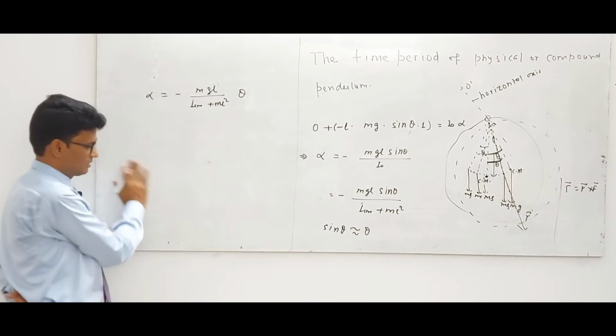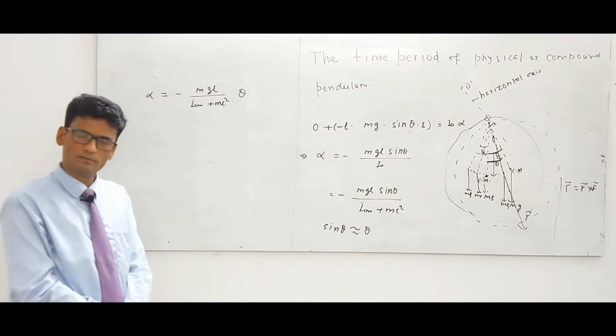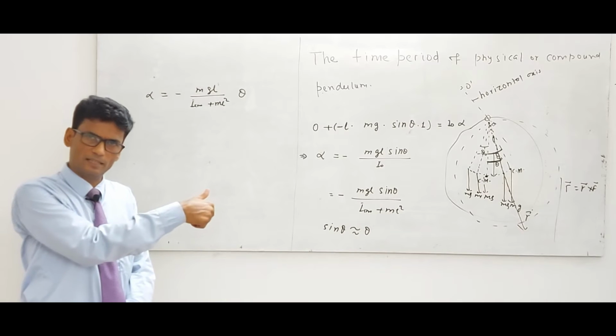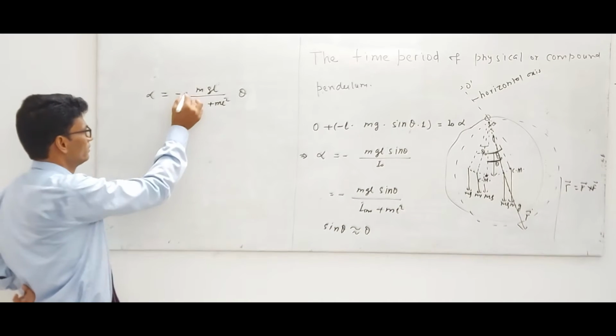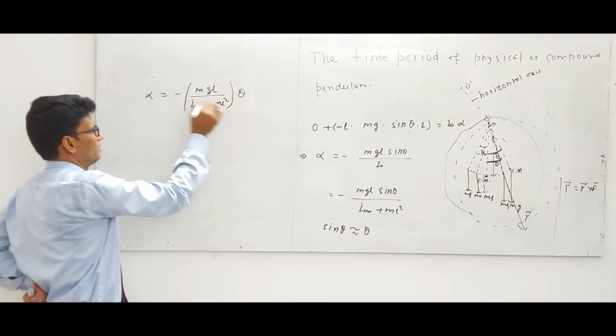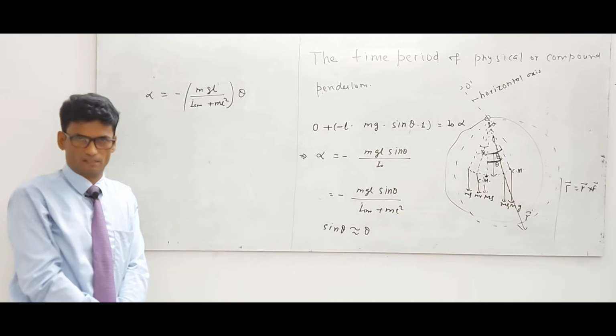Now, from simple harmonic motion, this is the angular SHM. So the constant is taken as angular frequency squared.